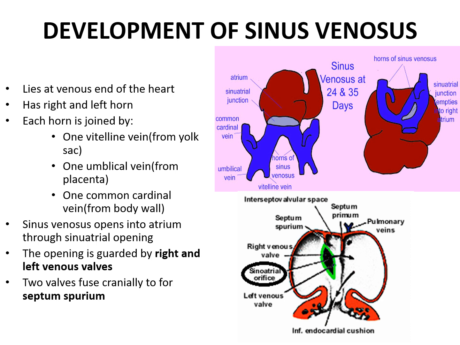Sinus venosus opens into the common atrial chamber through a sinoatrial opening, and this opening is guarded by two valves, right and left venous valves, which fuse cranially to form the septum spurium.